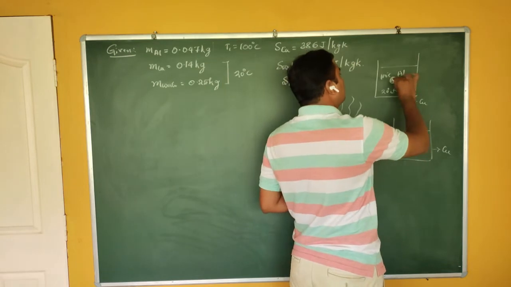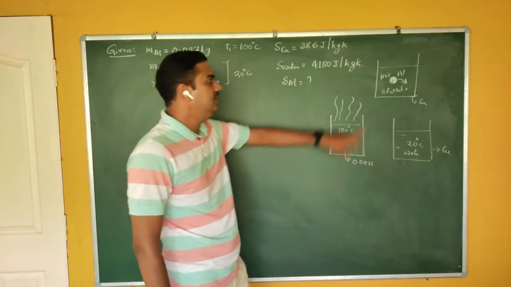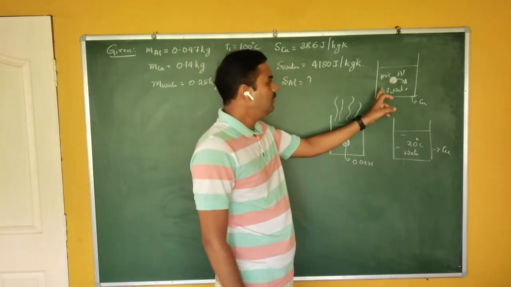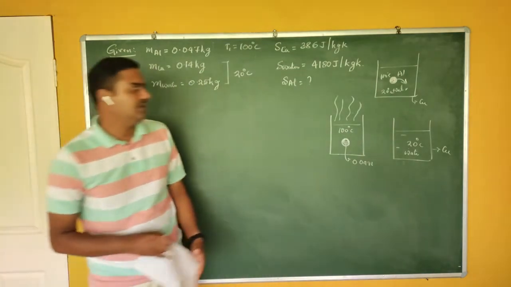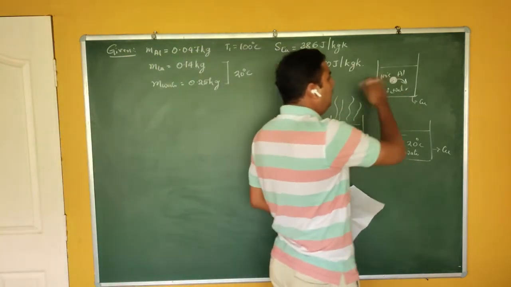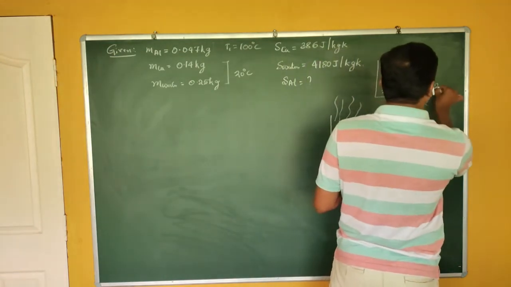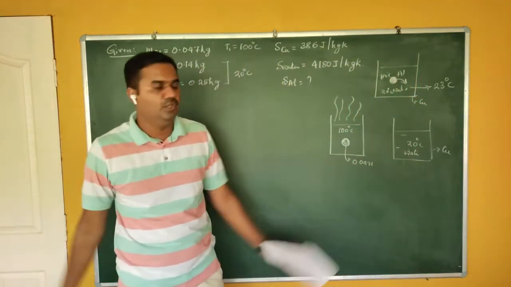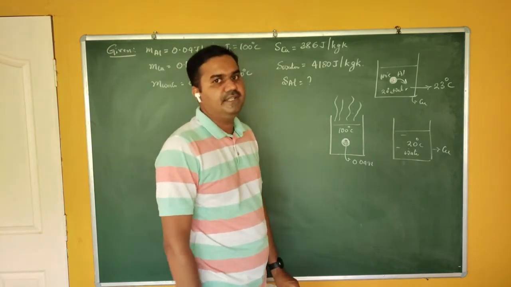Very simple, heat flows from aluminum, because aluminum is a hot body, to the water and copper until the temperatures become equal, and finally all three, aluminum, copper and water, attain a steady temperature of 23 degrees centigrade.